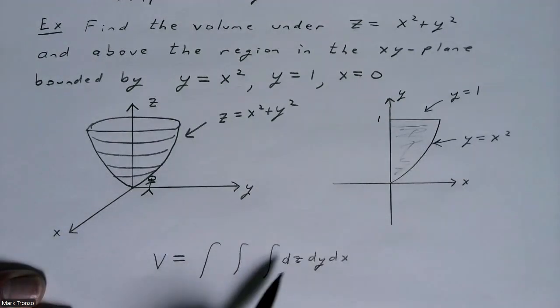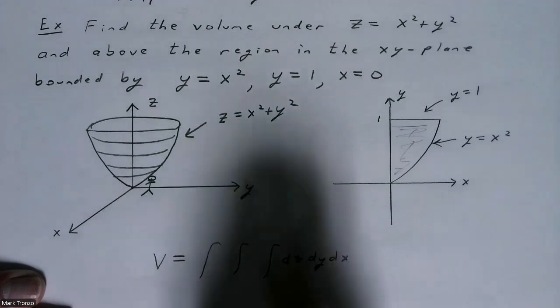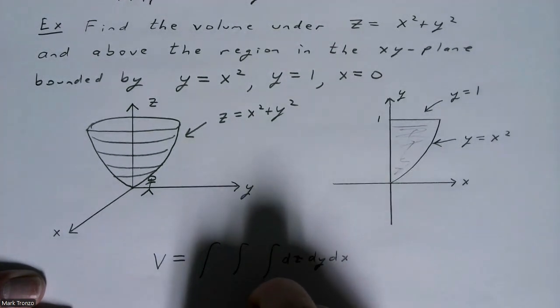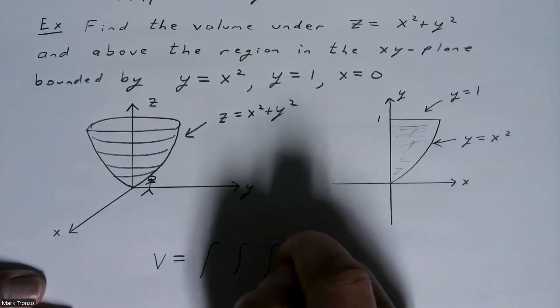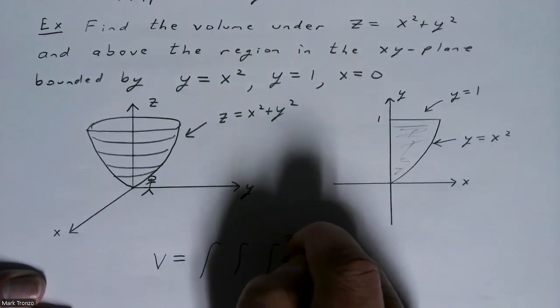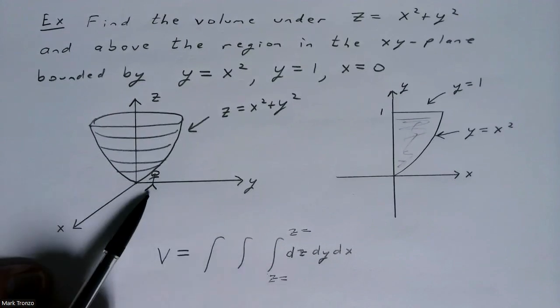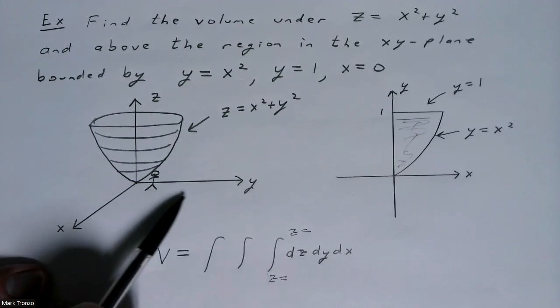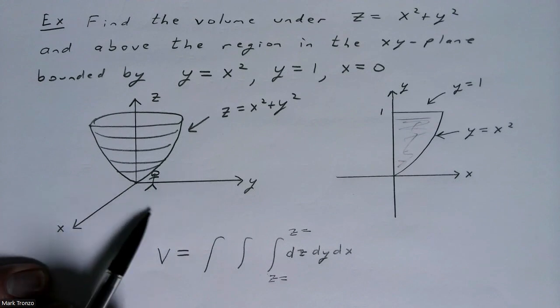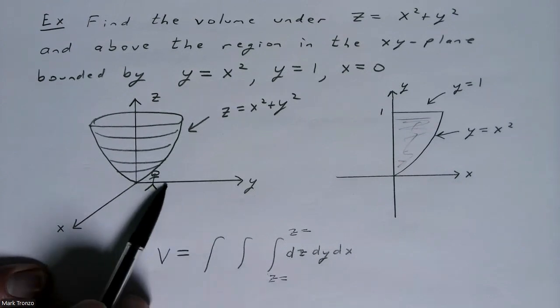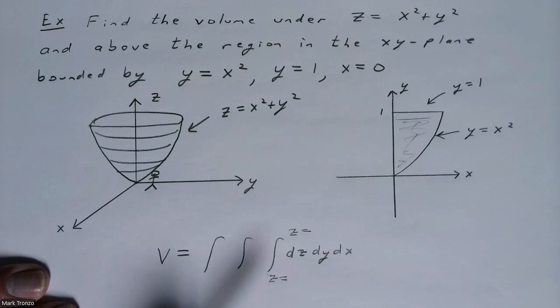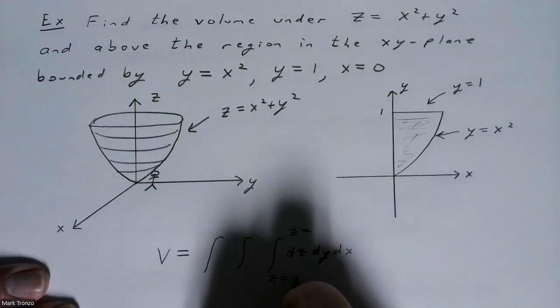So our first integral will be in terms of z. So we're going to have z equals something here and z equals something here. And the lower bound is going to be wherever our feet are touching. So we're standing in the xy plane. And what is z when we're in the xy plane? z is just 0.